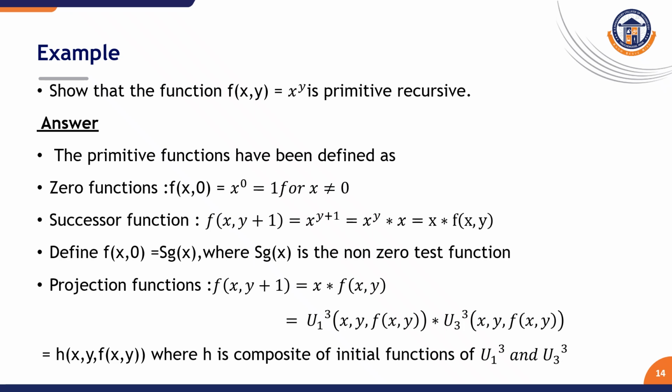Next, define f of x comma 0 as s into g of x, where s g of x is the non-zero test function, and the projection function f of x comma y plus 1 equal to x star f of x comma y.